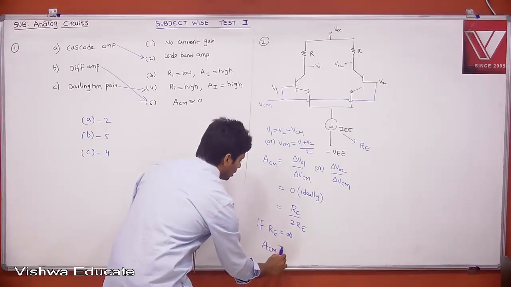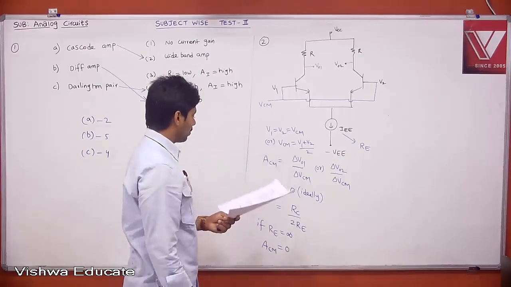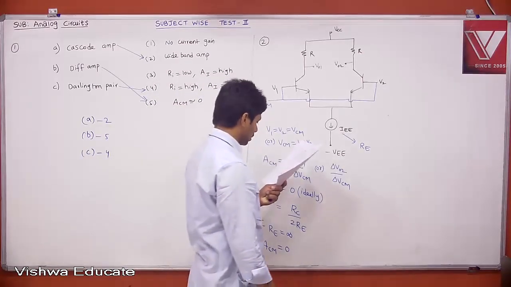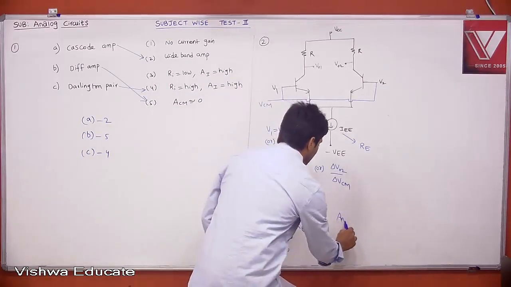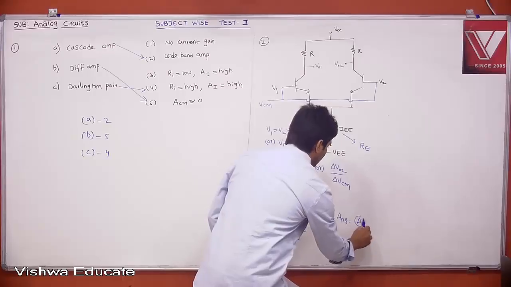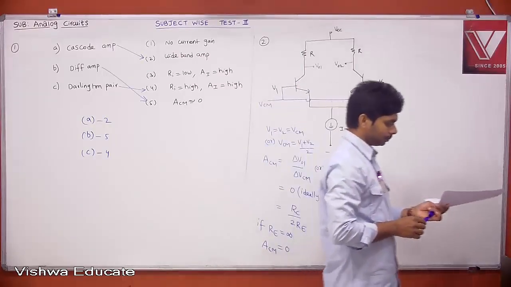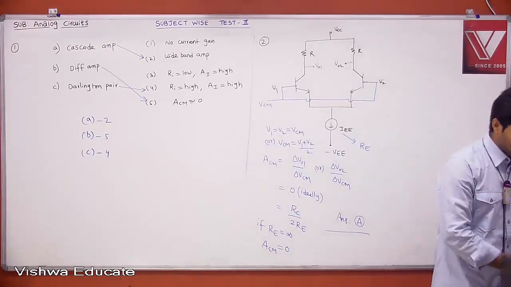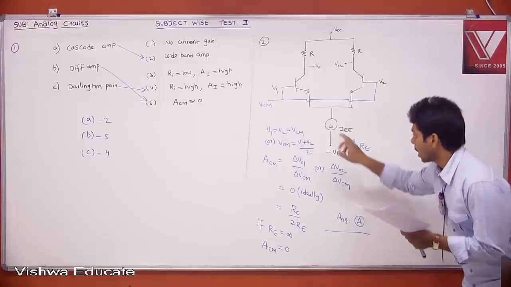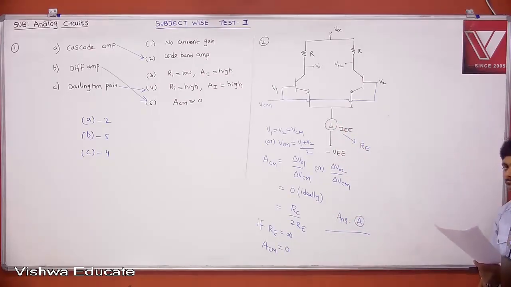Your common mode gain will be 0. Therefore, what is the answer? Answer is A. Take it. If the bottom current source or tail current source is ideal, then common mode gain will be 0. That is what we need. That will reject perfectly the common mode signals.